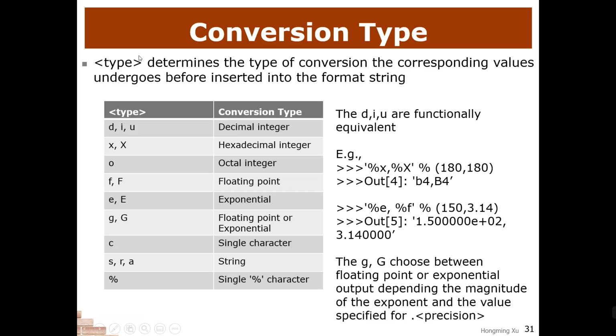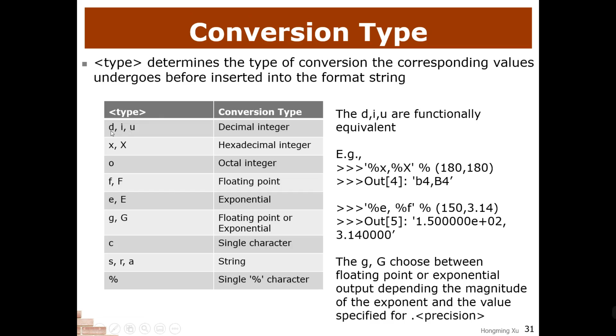First, let's see the conversion type. We know in Python, just like any programming language, there are different types of data objects. So when we want to print or output some formatted string, we need to select the correct type that corresponds to the value we want to insert.